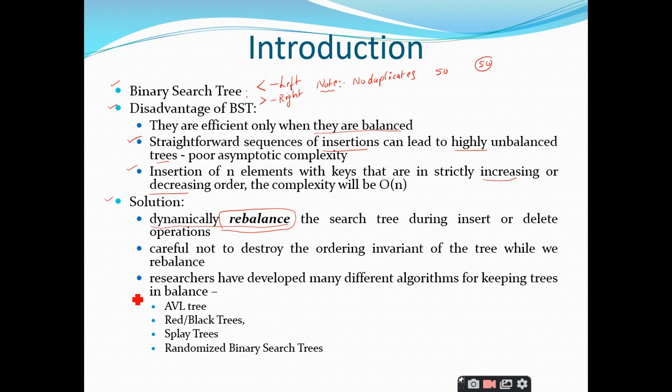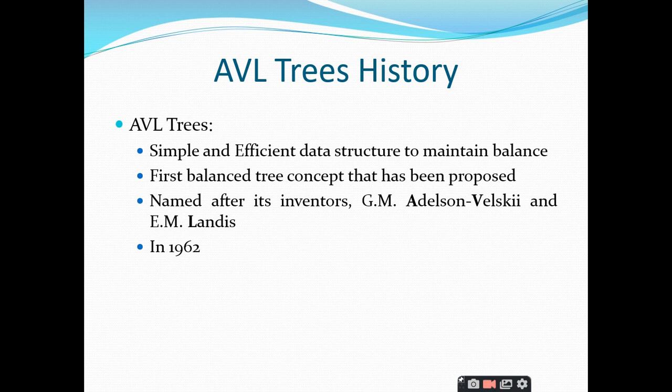The researchers have developed many different algorithms for keeping the tree in balance. First is the AVL tree, next we have red black trees, then splay trees, and then randomized binary search trees, right? As I told you, we will be discussing these three concepts from our syllabus. Is it clear up to this point? Yes, sir.